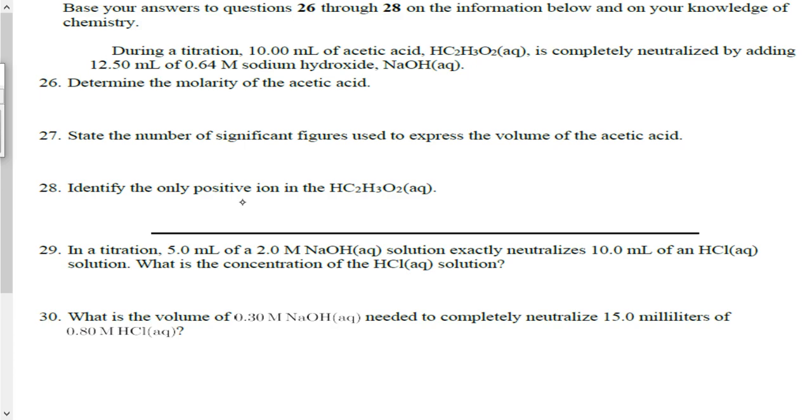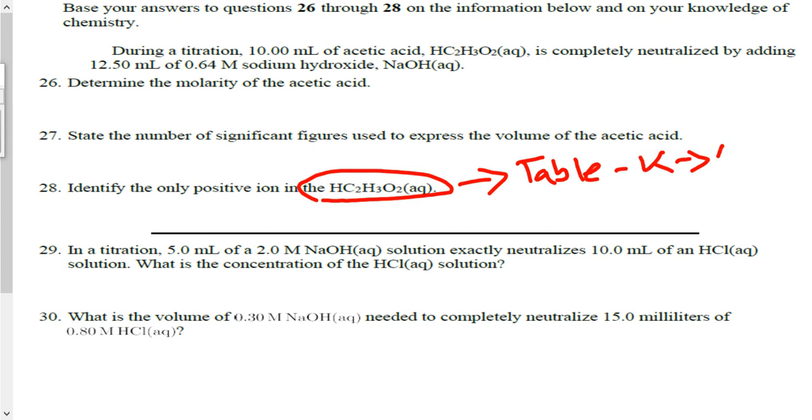Question number 28, identify the positive ion in HC2H3O2. If you look at reference table K, you would know that it is an acid, acetic acid, or ethanoic acid, or even in the question, they are telling you it's an acid. So based on Arrhenius theory, or even based on the alternate theory, all of these theories state that acid will produce hydronium ion.